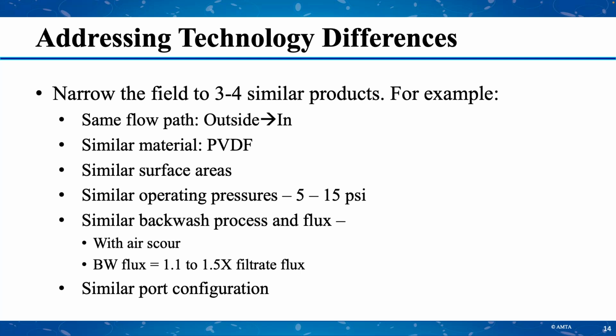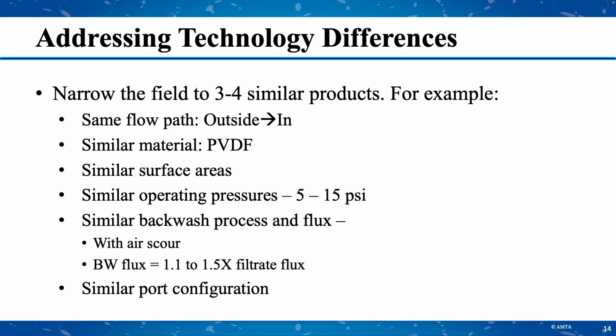So, as an example, and as we commonly see, we'll find a lot of these systems are really better suited for treating modules that all operate from outside in, all using the same material, PVDF, which means that chemical tolerances are going to be pretty close from one module to the next.